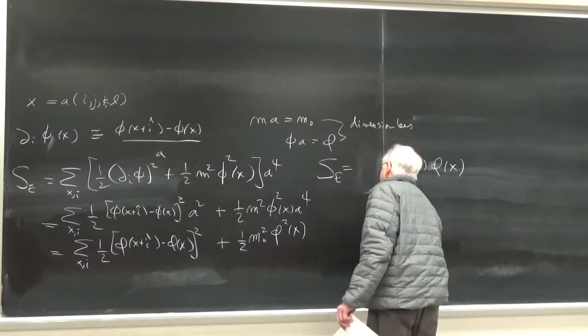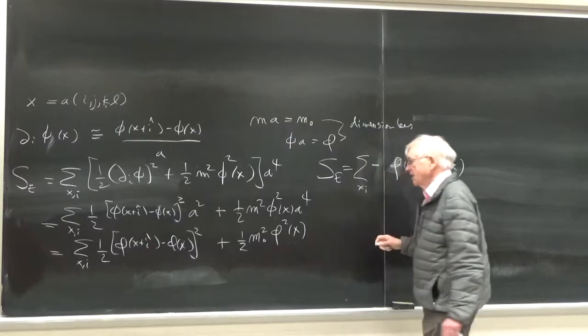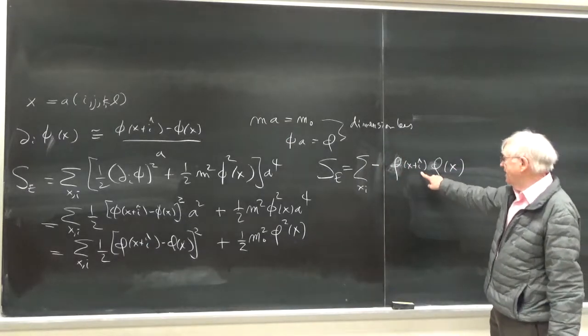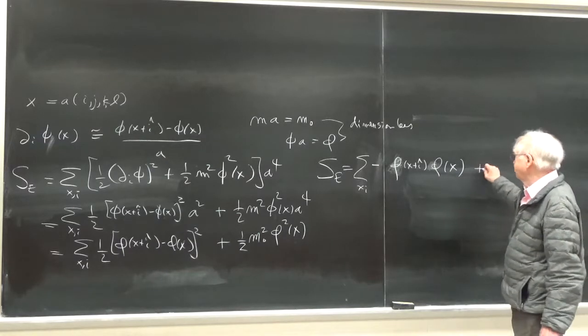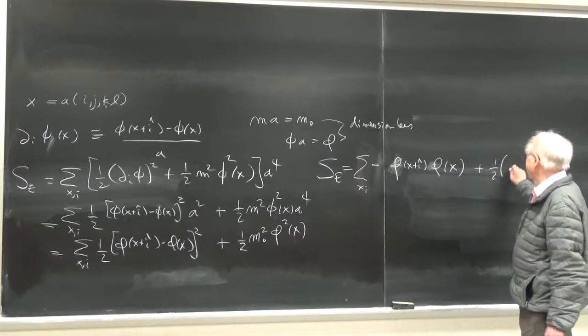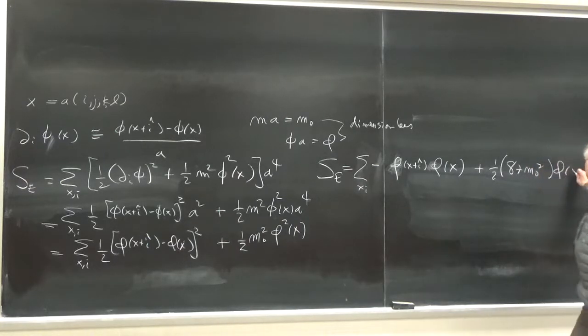So let me rewrite this. It's minus phi of x plus i hat phi of x plus a half 8 plus m0 squared phi squared of x. So that's the action for a Hermitian scalar field in Euclidean space.